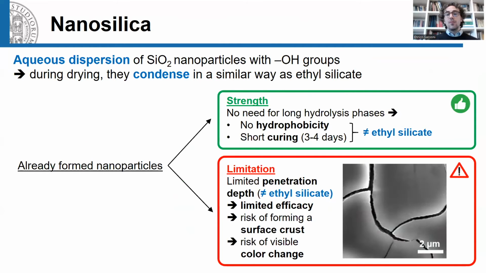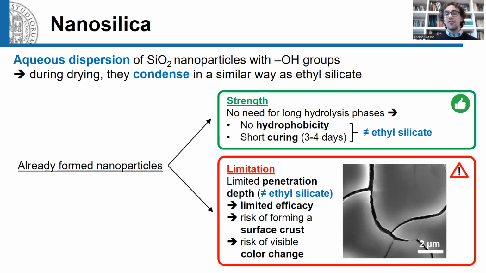Again, to prevent the hydrophobicity issues shown by ethyl silicate, in recent years another class of consolidants has been proposed, which is that of nano-silica. So nano-silica is basically a dispersion of silica nanoparticles in water, and these silica nanoparticles have OH groups on their surface, which can then condense in a similar way as ethyl silicate.